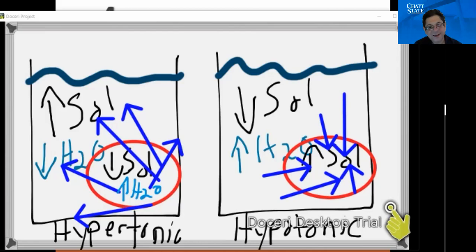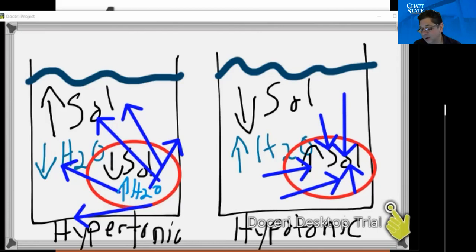So to being asked net flow, the net flow is out of the cell here in hypertonic solution, and net flow in the cell in a hypotonic solution. You could say equal net flow for iso. I think that's what the book says. I don't know what's wrong with that author. There's actually no net flow because when you say net, you mean a favored direction.